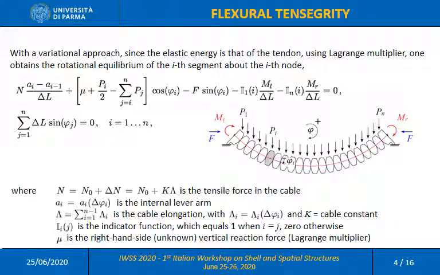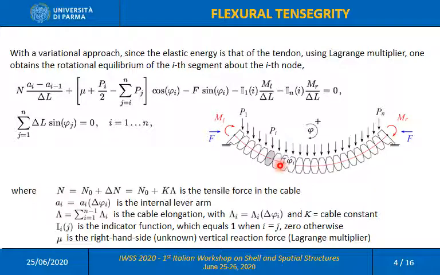We use a variational approach. We observe that the only contribution to the elastic energy is that associated with the elongation of the cable. Then we use as variable the angle phi of each segment that composes the segmental beam.